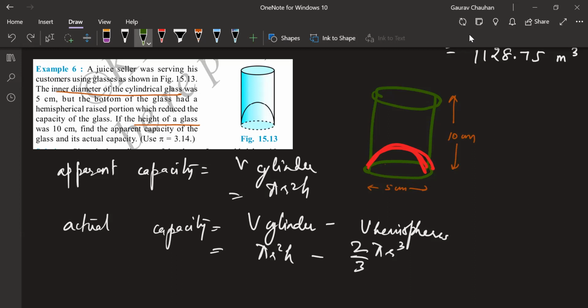I understand how this confusion may have arisen, but this is hidden. If there was one more sphere here, then I would add the sphere's volume. Now that is not there. What is apparent? Only the cylinder can be seen. That's why apparent capacity is the volume of the cylinder. Okay with that? Moving on.